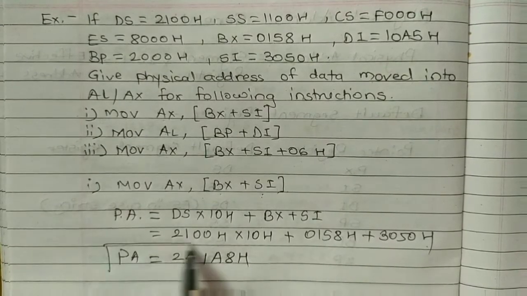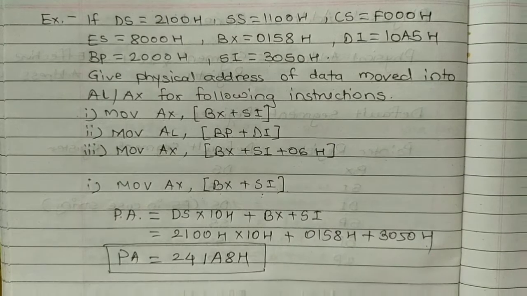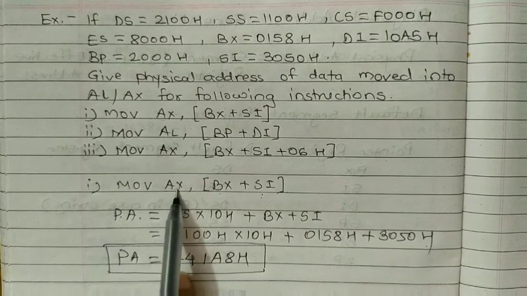So this is the physical address of data which is moved in AX register for first instruction.